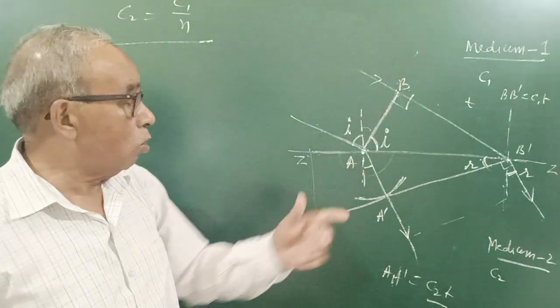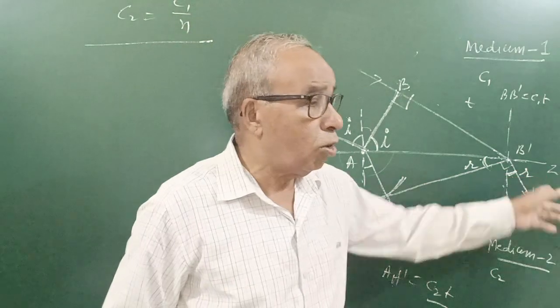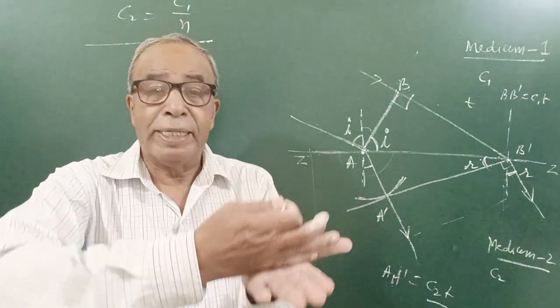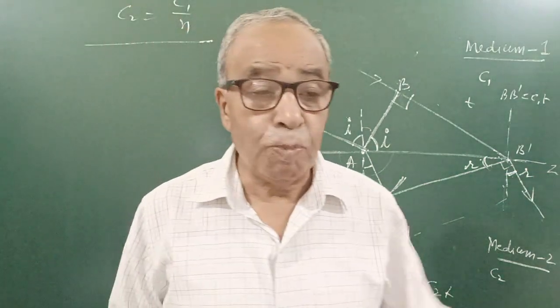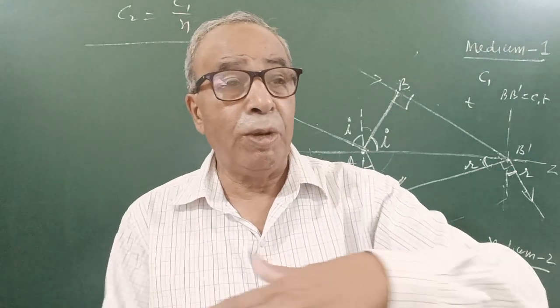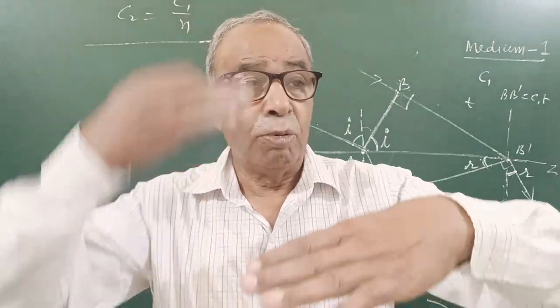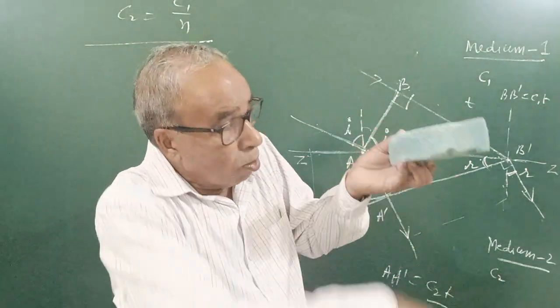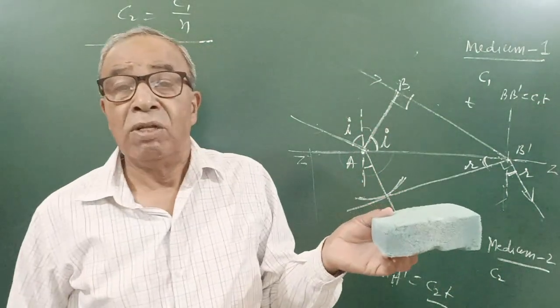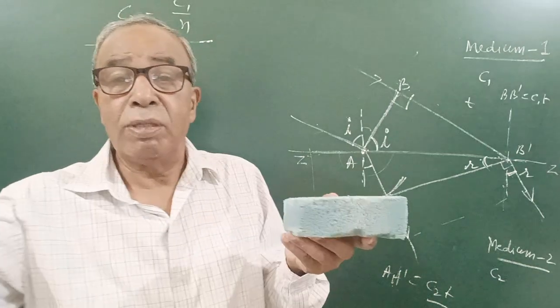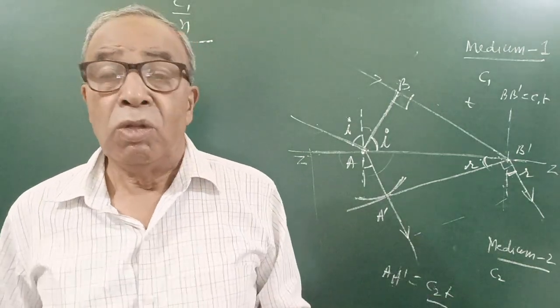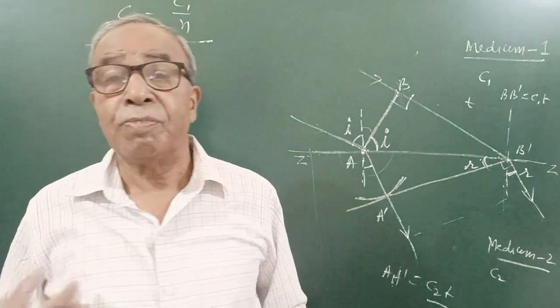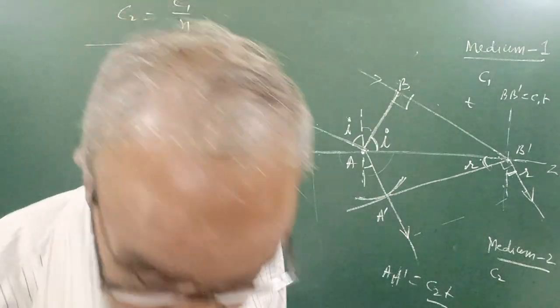Let the boundary be normal to plane of paper. In lab you place the glass slab on plane of paper. So the surface of this slab is normal to plane of paper. This surface is that on which wavefront falls, and light comes this way. You can see in the glass slab in lab.